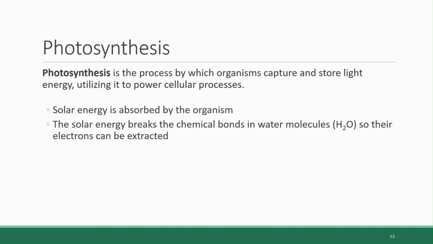Meanwhile, carbon dioxide is going the opposite direction. It's being absorbed from the environment. And the hydrogen ions and energy of the electrons that were generated in previous steps are used to take those carbon dioxide molecules that are absorbed and create carbohydrates.